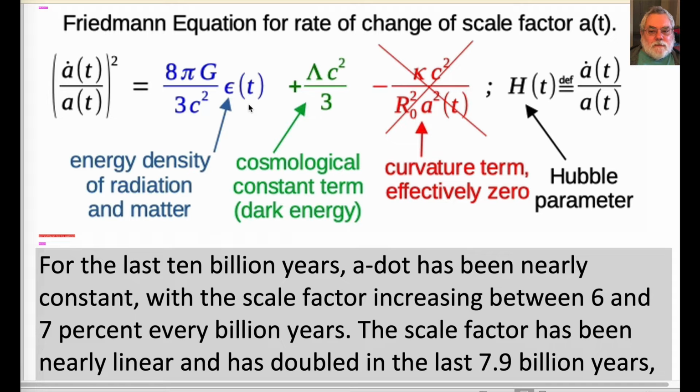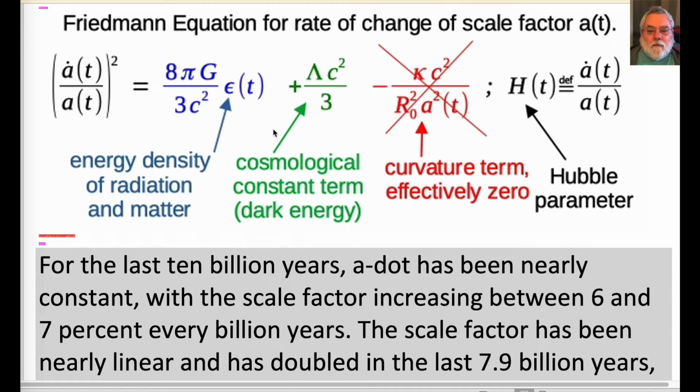As the universe expands, the energy density of matter and radiation decrease with expansion, as we will see. This first term, the energy density of matter and radiation, dominated the expansion of the universe for the first 10 billion years by being larger than the second term. But it no longer is.